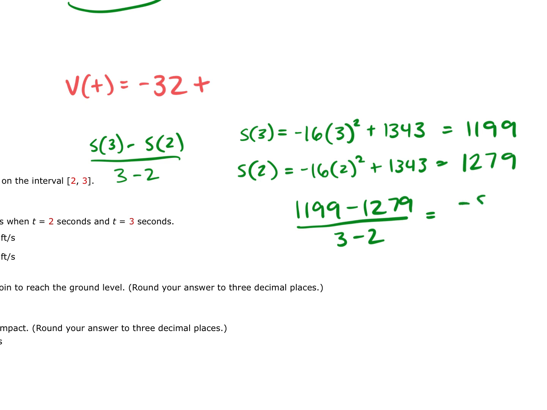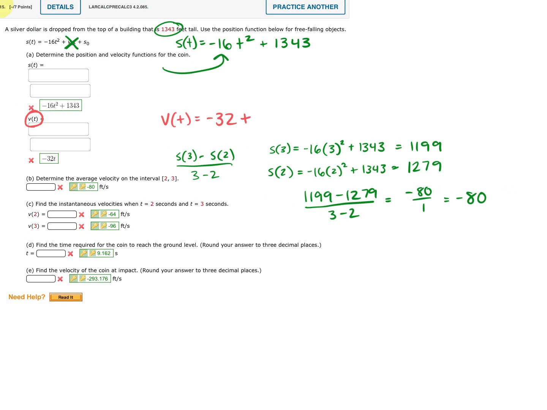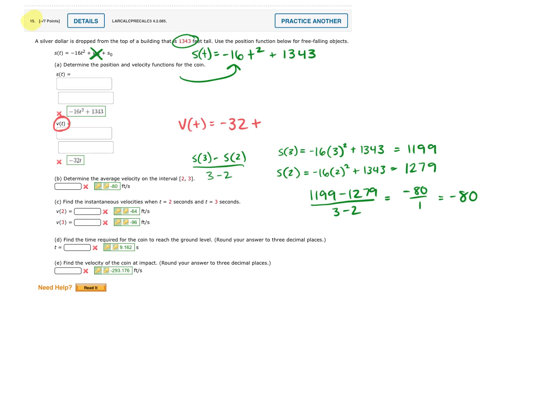So that would be negative 80 over 1, which would just be negative 80. Negative 80 what? We're talking about feet per second here. If you don't put the unit on a question like this on the quiz, you will lose points. So make sure you put the unit.